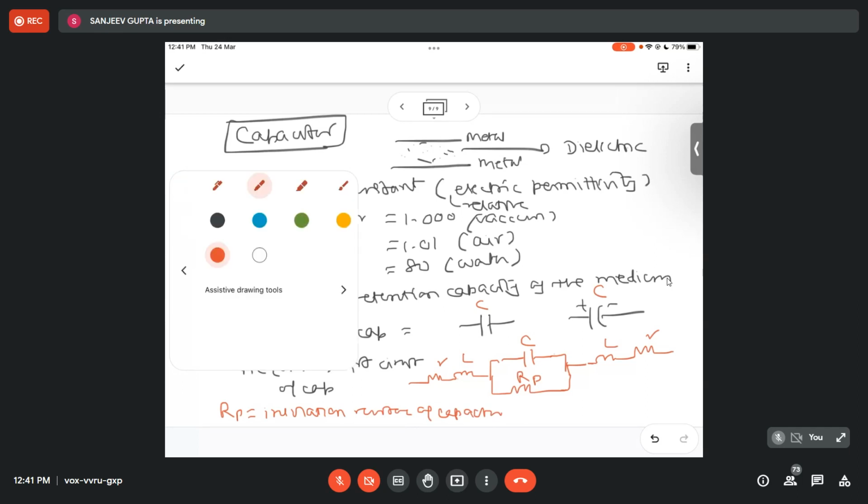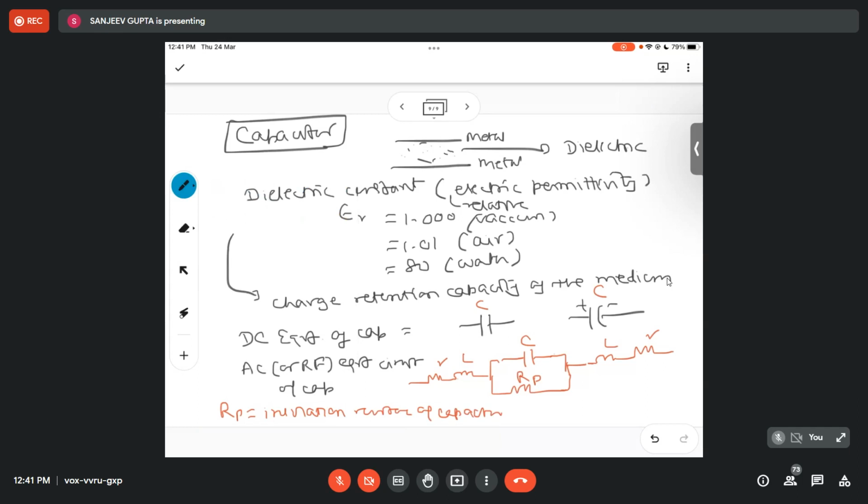So in this case, my simple C is not simple. It has many parasitics, which are the extra elements. There is additional R on either side because of the lead material, additional L on both sides because of the lead self-inductance, the wire self-inductance, and RP, the insulation resistance of the dielectric, because it is not a perfect dielectric.